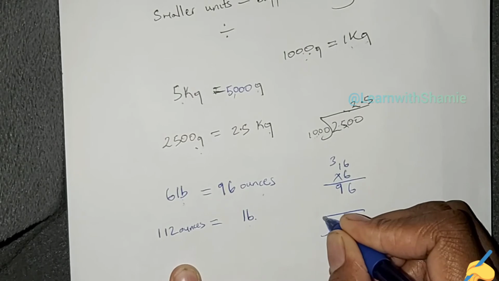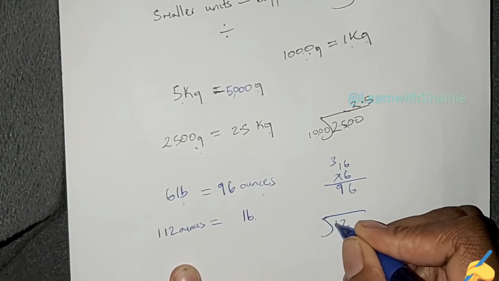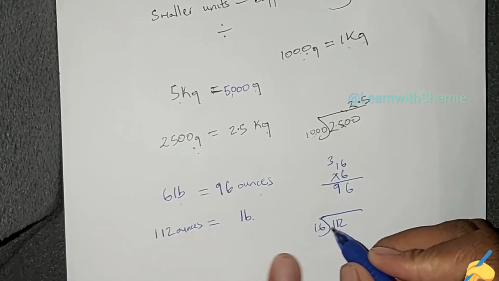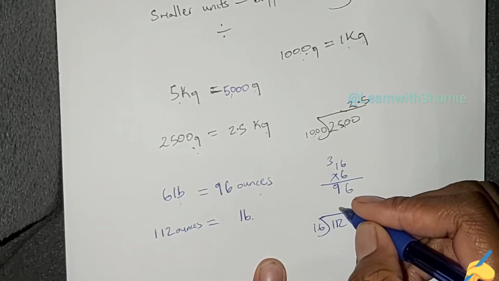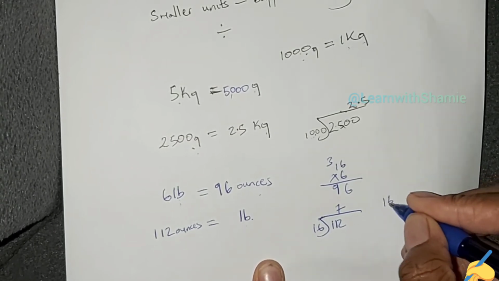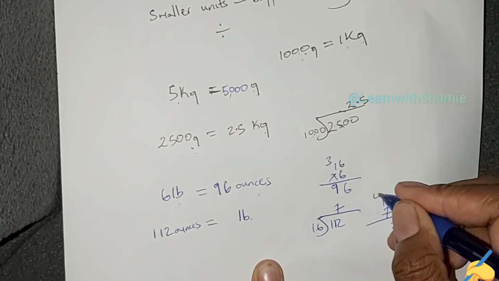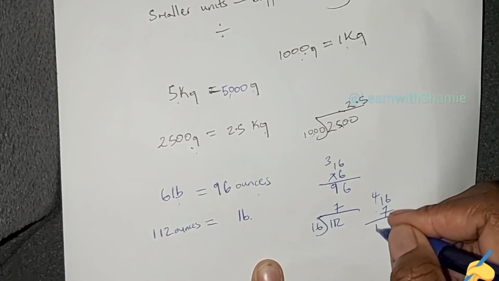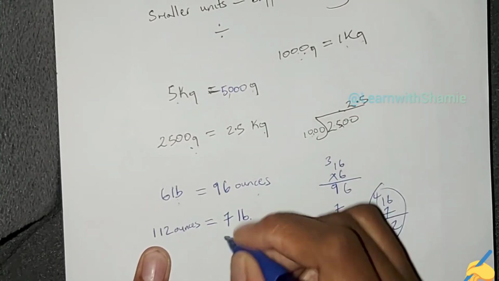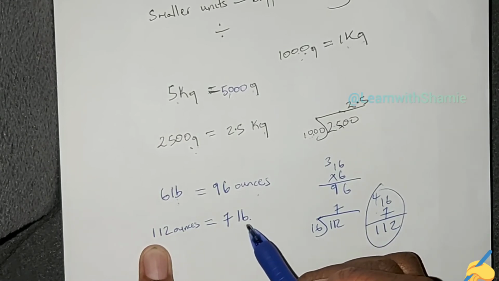So we're going to say 112 divided by 16. So 16 into 112 goes 7 times. 7 times 16, 7 6s are 42, 2 carry 4, 7 1 7, and 4 11. So 112 ounces is equal to 7 pounds.